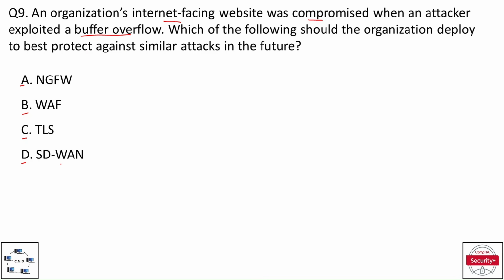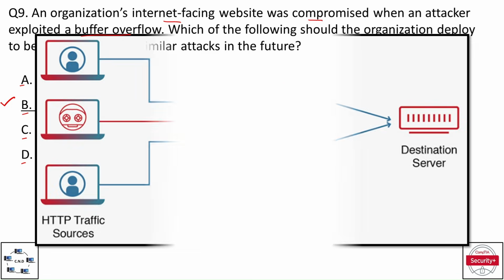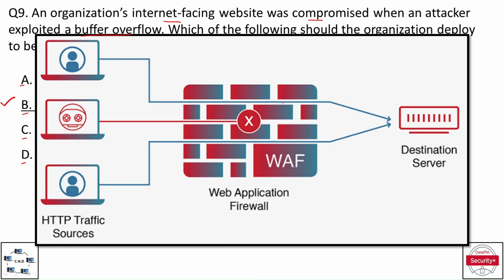And the correct option is option B, WAF, that is web application firewall. This is how a web application firewall works. Let's suppose this is your destination server. These are our clients.